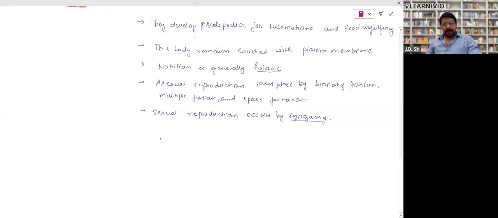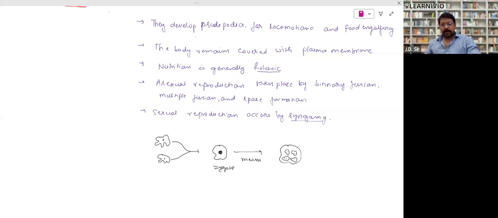Syngamy, what happens? Two cells get fused. They may be gametic cells. They make a zygote. Again, meiosis will take place. Meiosis means reduction division. Inside a cell, a number of small amoeboids will be formed, and inside a cover.